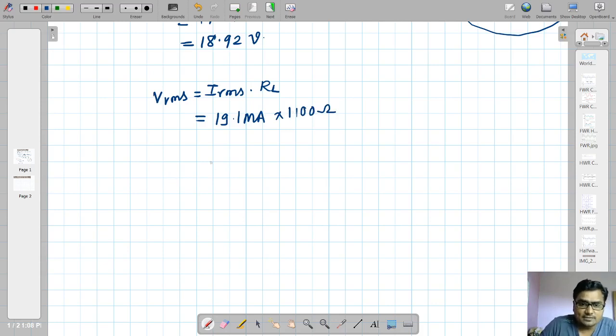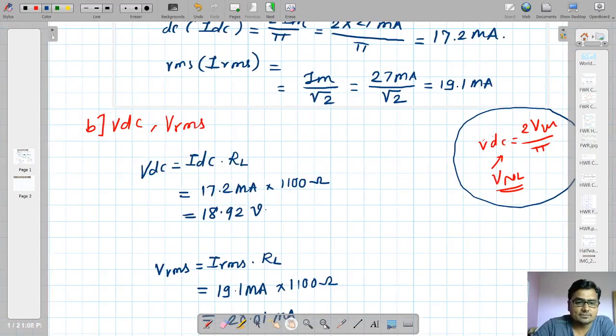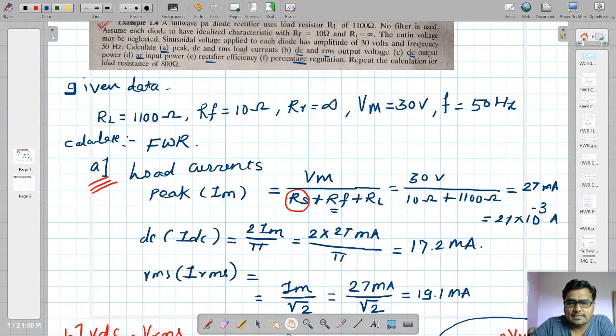Now what is the value of VRMS? I have the answer, 20.01. You can calculate it on your calculator. This is what VRMS is. So now we are finished with A and B.